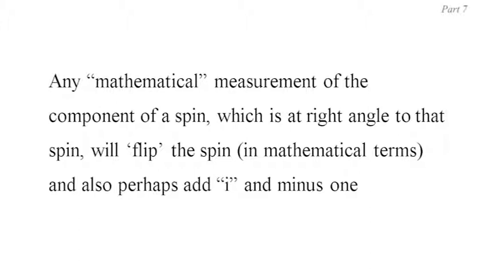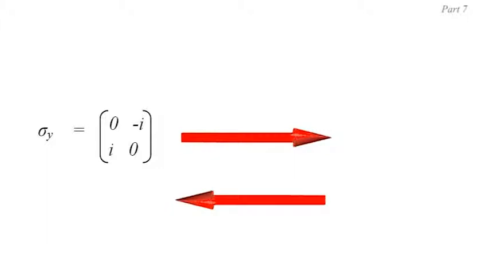Now we're not going to need the following, but as a final example of this, suppose we had a spin pointing in the positive x direction and we measured it in the y direction. We would be making a mathematical measurement of the component of a spin which is at right angles to that spin. Consequently, from what we've just done, you should expect that it will be flipped into a spin in the negative x direction and also multiplied by perhaps I or a couple of i's.